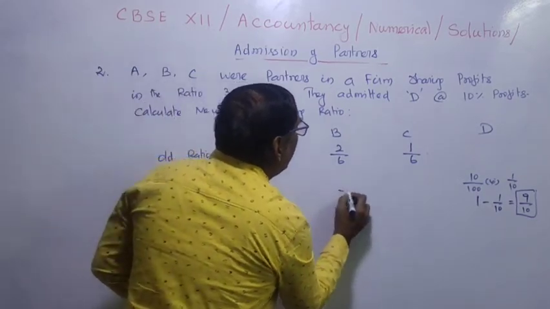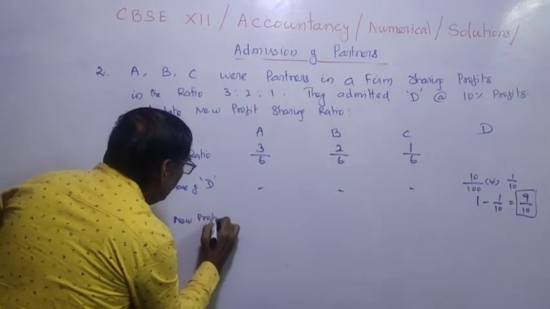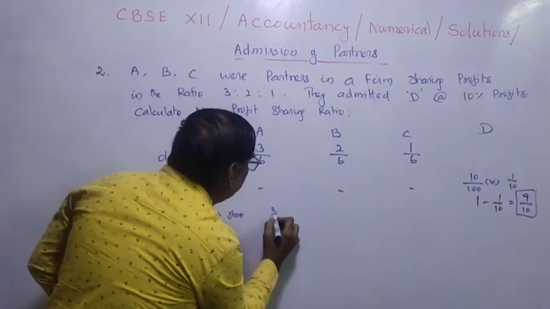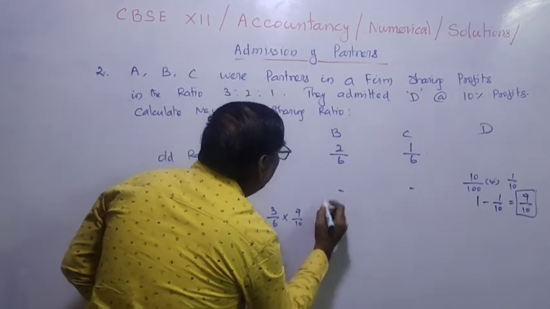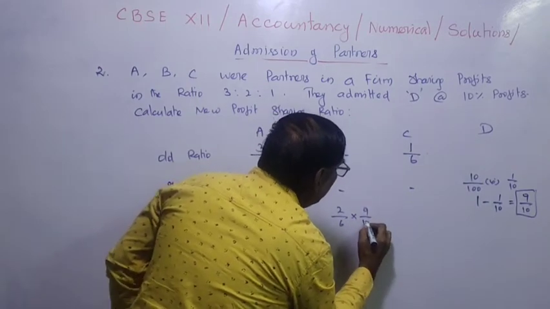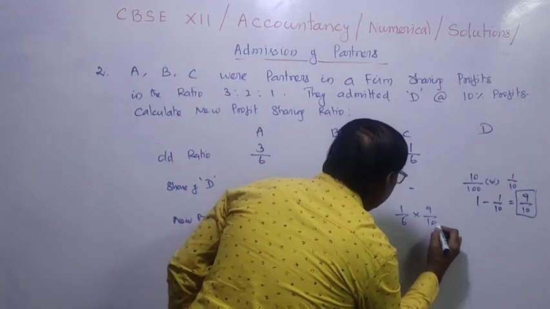So we will calculate the new profit sharing ratio: 3 by 6 into 9 by 10, 2 by 6 into 9 by 10, 1 by 6 into 9 by 10.